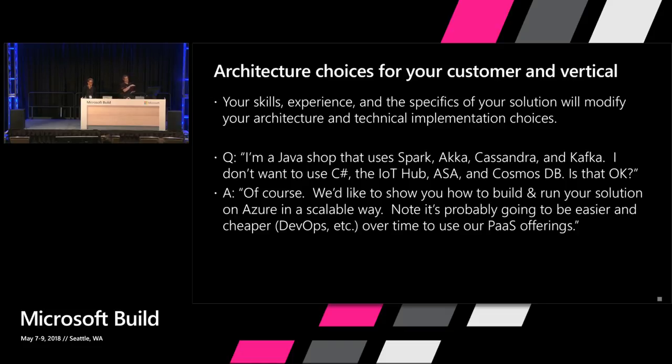It ties back to my first bullet here, which is that your skills, experience, and your specific solution can and should change the architecture that I'm going to walk you through in just a minute.